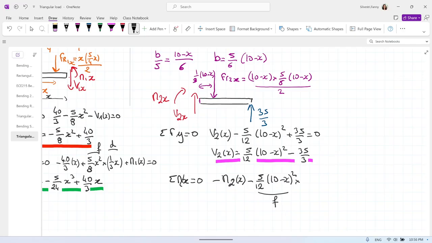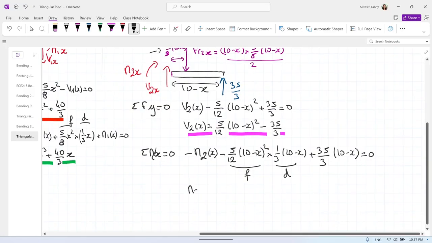Now we need to multiply by the distance. The distance is this one, 1/3 of 10 minus x. Don't forget the distance; it's something that happens a lot. And the 35/3 creates a positive moment. And this total distance that I'm adding is 10 minus x. So times 10 minus x equals 0.